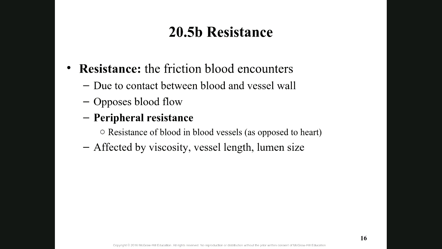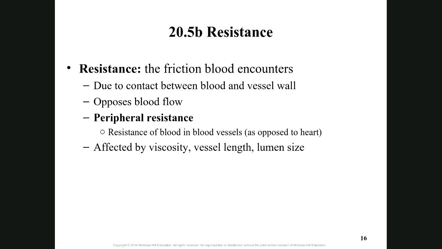The other thing which you need to know about blood pressure is the resistance. The resistance can influence our blood flow. The resistance is defined as the amount of friction the blood experiences as it's transported through the blood vessels. The blood flow is always opposed by resistance.